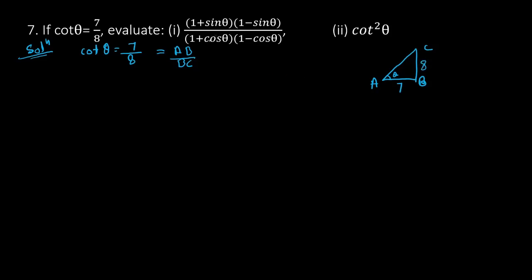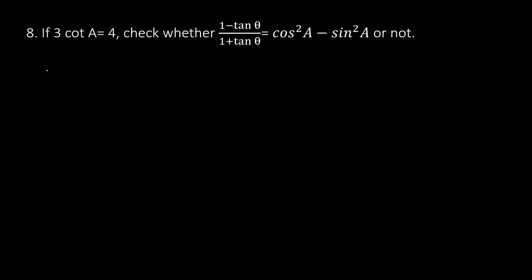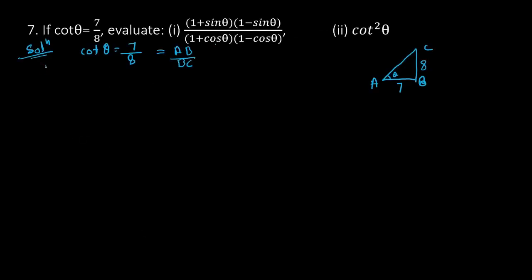Now to solve this problem we have to find sine theta and cos theta. To find sine theta and cos theta we need the hypotenuse, so firstly we will find the hypotenuse. By PGT, AC whole square equals 7 whole square plus 8 whole square, means base square plus perpendicular square.